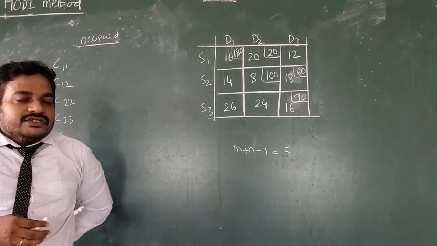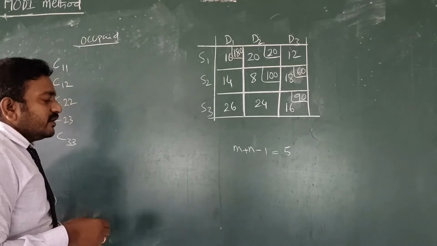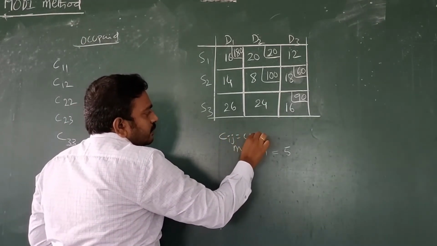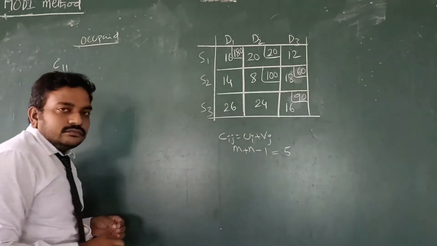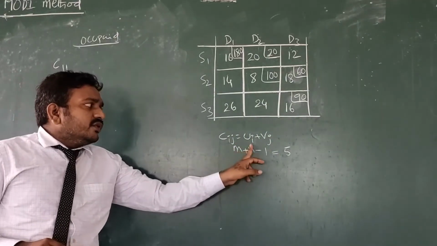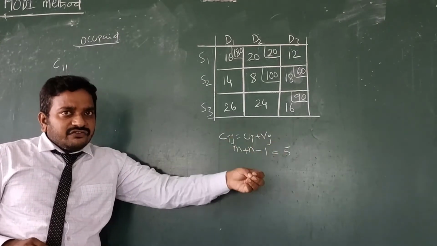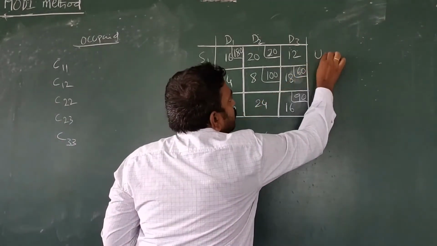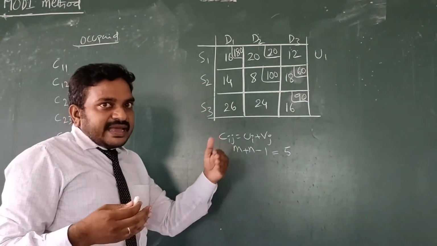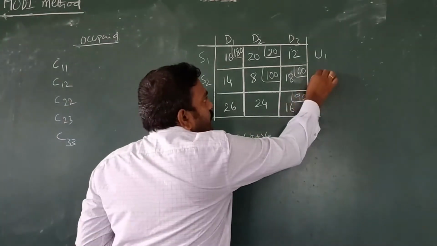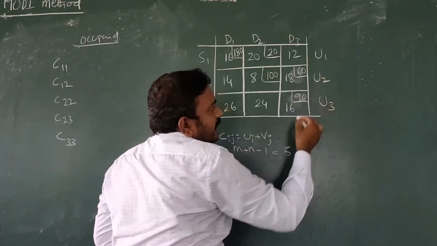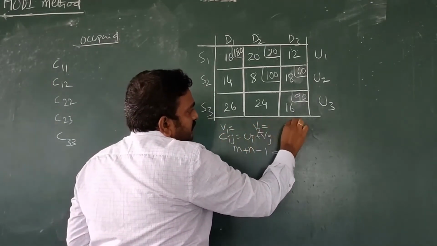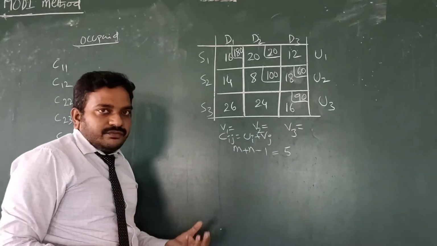Now find out these values by using the given formula Cij equal to Ui plus Vj. The values of Ui, Vj are identified in this manner. U1, U2, U3, we have 3 sources. Similarly, V1, V2, V3 for the destinations we have.